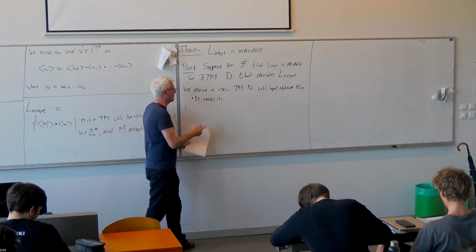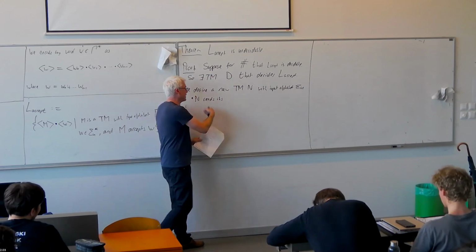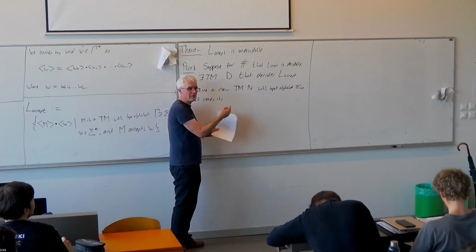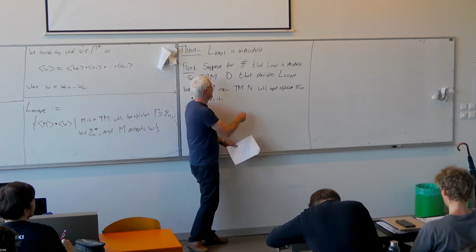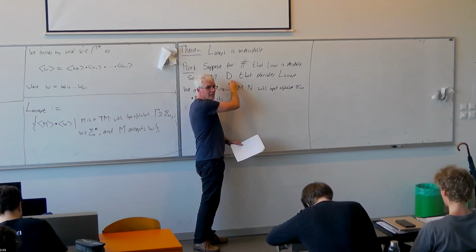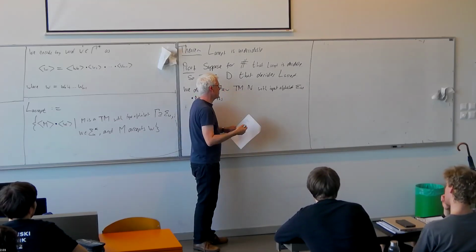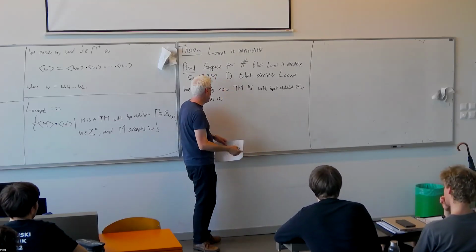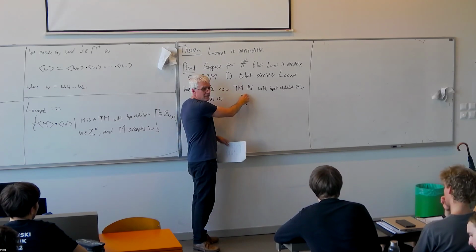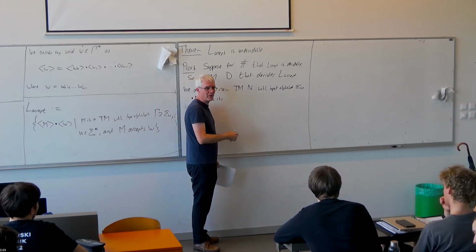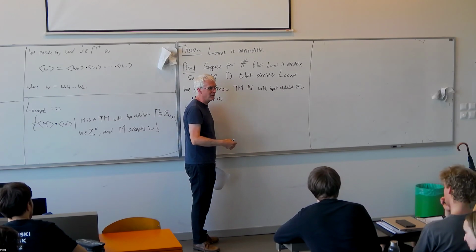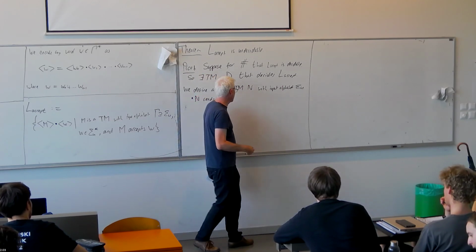Okay, so now we're defining a Turing machine. One can be very formal and say, okay, from this Turing machine D, we have a transition function, and we're going to use that transition function to manufacture a new transition function for a different Turing machine N in the following explicit way, but that would be totally unreadable if we did it like that. It'd be very hard to follow.